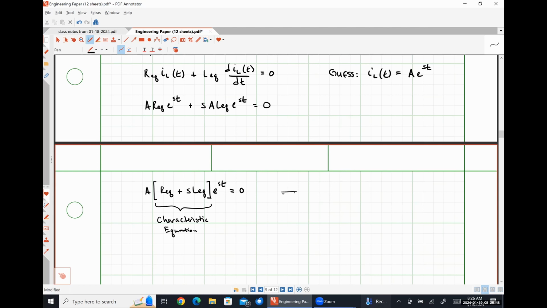The exponential bit on the right-hand side can only approach 0, but it can never truly hit 0. So that's why we're looking to the characteristic equation in the middle. So what value of s will make REQ plus S times LEQ equal to 0? Negative REQ over LEQ, right?